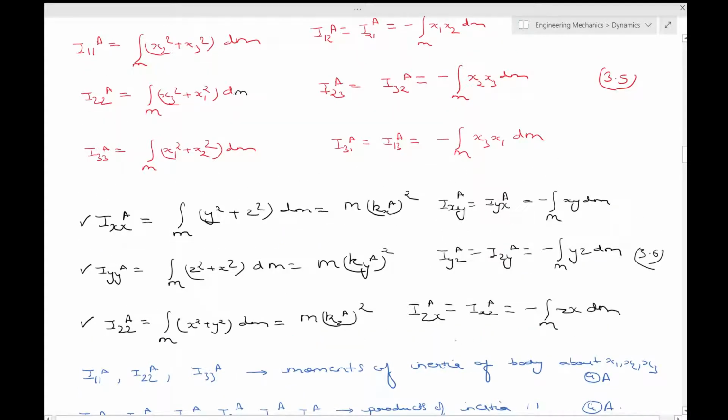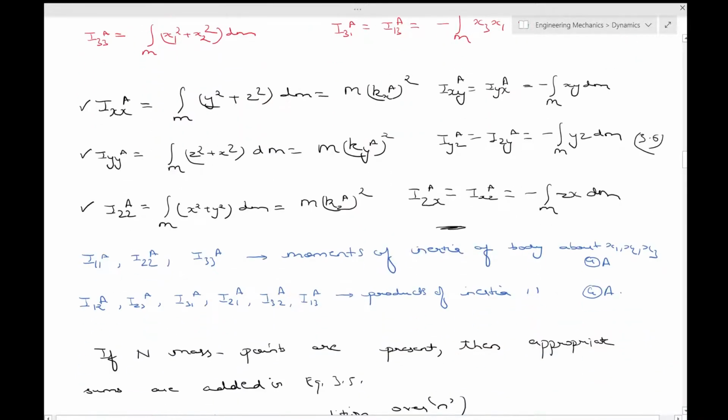Izx. Okay, so Izx is over here. So this is the integration of zx dm minus of integration of zx dm. And similarly, we'll be finding Izy as well. Okay, so that would be equal to minus of integral yz dm. So let's do that.